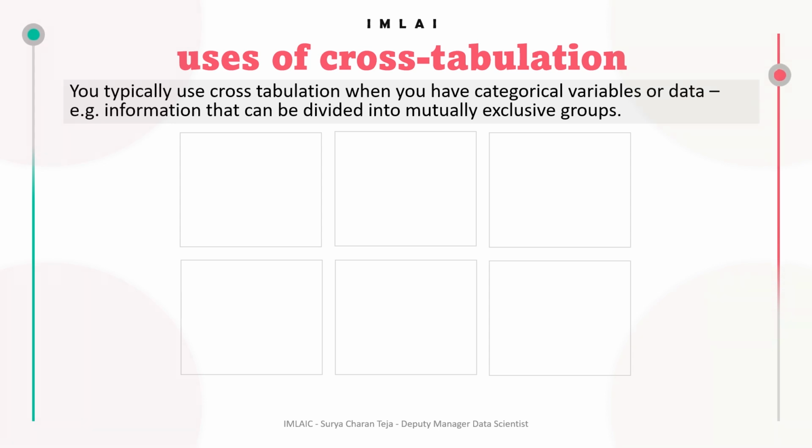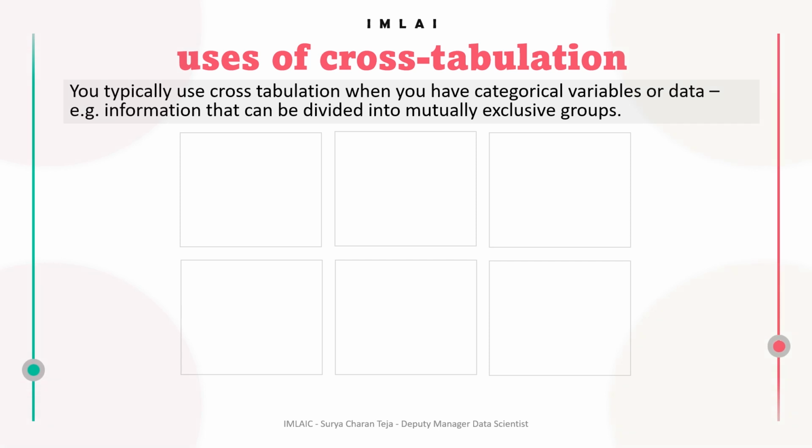As a result, cross tabulation is excellent for assessing categorical variables in market research or survey responses, as you can readily compare data sets to discover the relationship between two or more seemingly unrelated items.